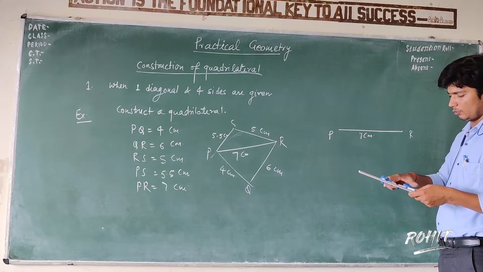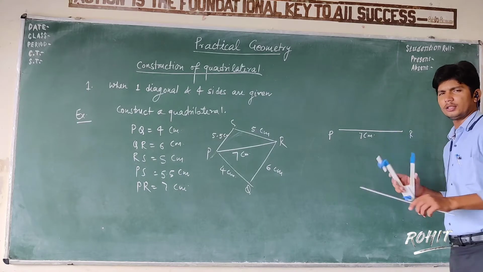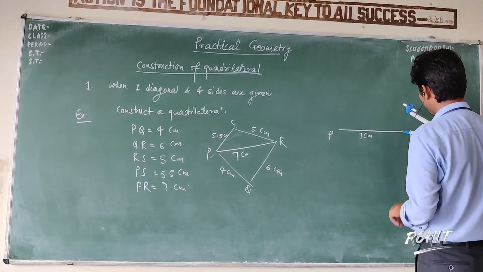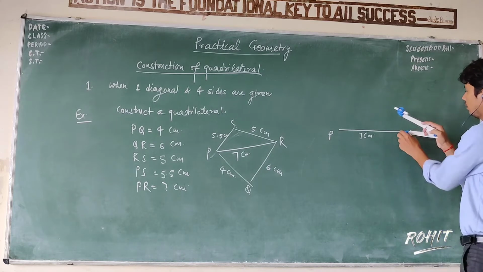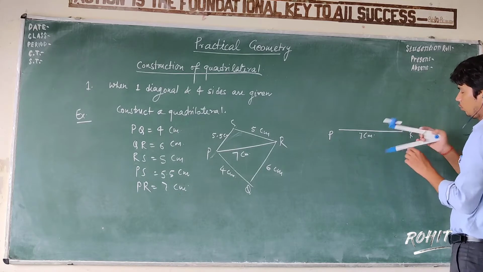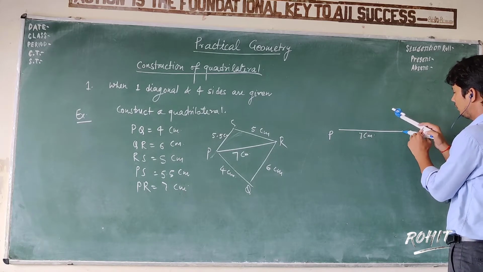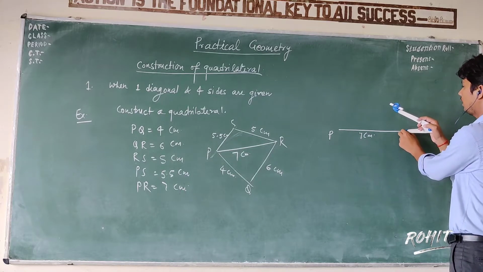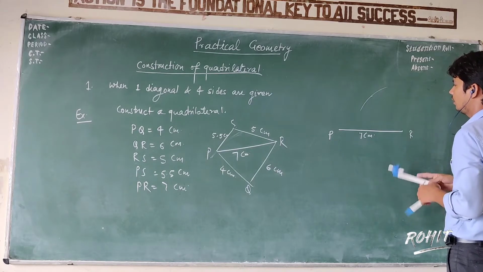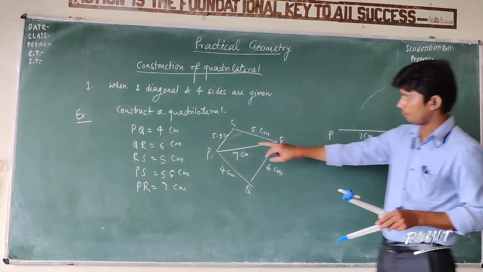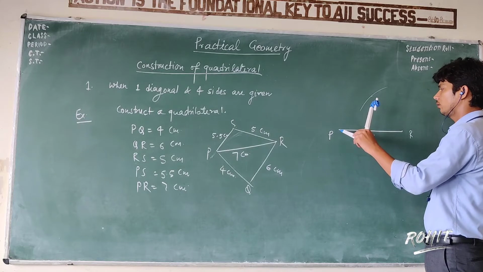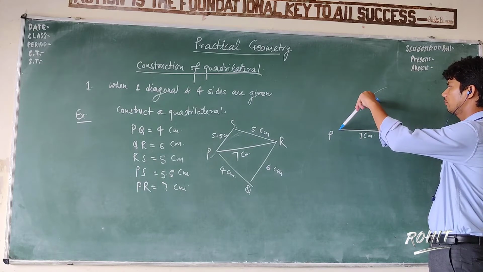I am not using the exact length, just to make you learn how to draw. इसमें क्या करेंगे, 5 सेंटीमीटर की लेंथ लेंगे रूलर से और फिर यहाँ से सपोजिंग सेंटर एट R, draw an arc. Now again PS is 5.5, so take P as center and draw an arc.